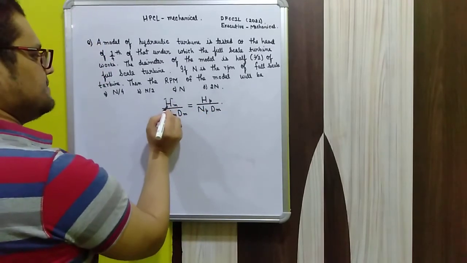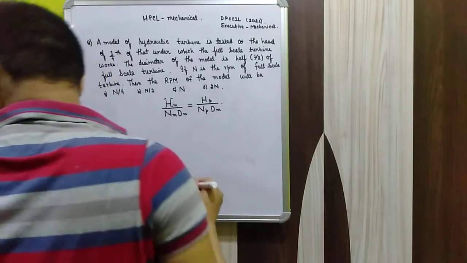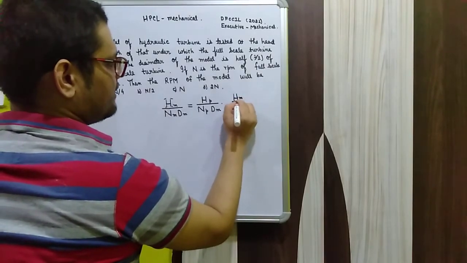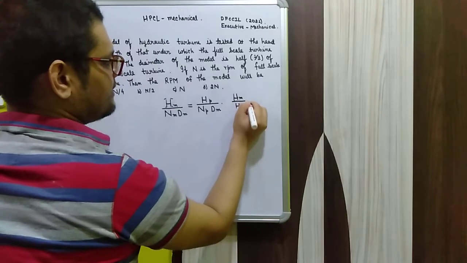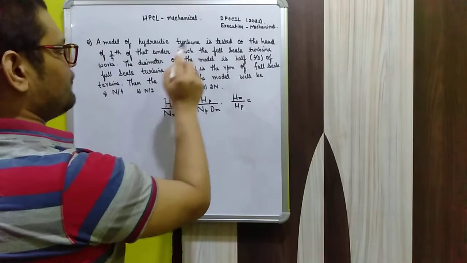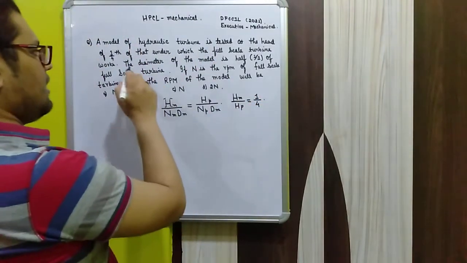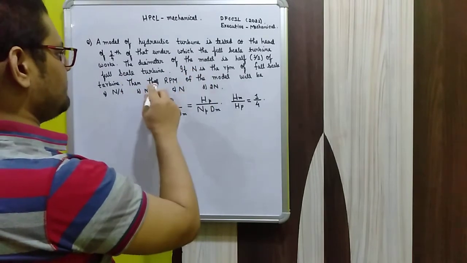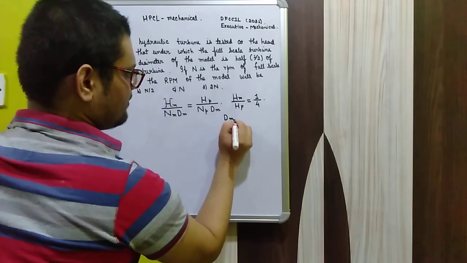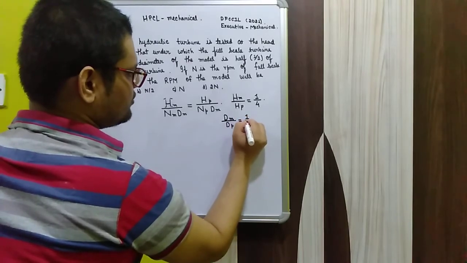This is the general expression, and from here we have to conclude. The head of the model divided by the head of the plane: it is given in the question that the head of the hydraulic turbine model is 1/4 of the plane. The diameter of the model is half of the diameter of the full scale turbine, so Dm by Dp is equal to 1/2.